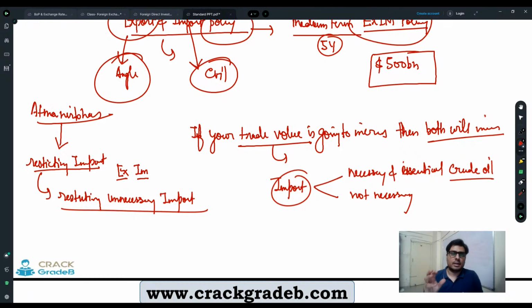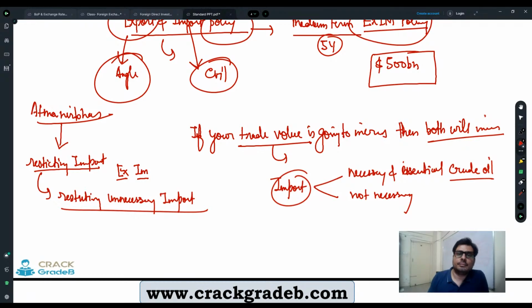This is what we will try to restrict our imports. We will target that imports should be controlled. But at the same time, if an engine is going to be manufactured in India, all the parts of the engine cannot be manufactured in India. Maybe you need to still import a few parts, or even if you manufacture all the parts in your country, you need raw material.